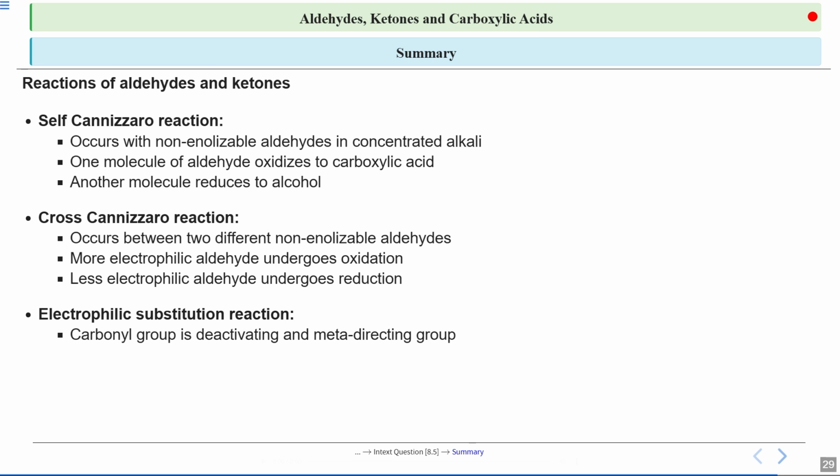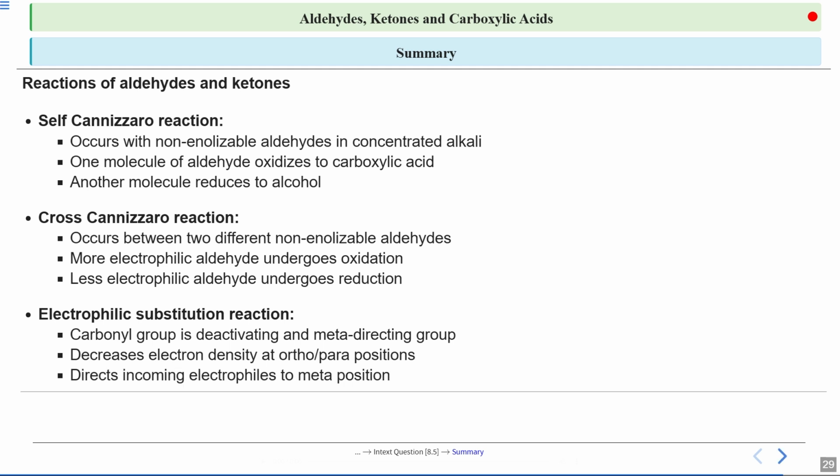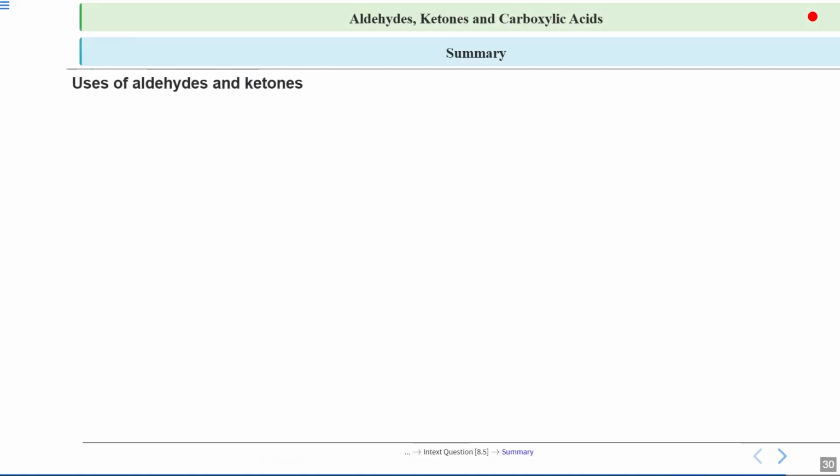It reduces the reactivity of the aromatic ring and directs the incoming electrophile to the meta position. The carbonyl group decreases the electron density at the ortho and para positions of the aromatic ring, making these positions less reactive to electrophiles. Finally, the incoming electrophile attaches at the meta position, because there is more electron density there compared to the ortho and para positions.